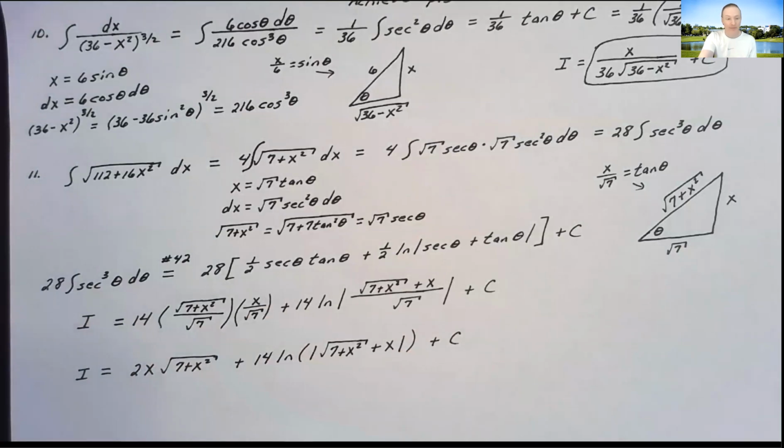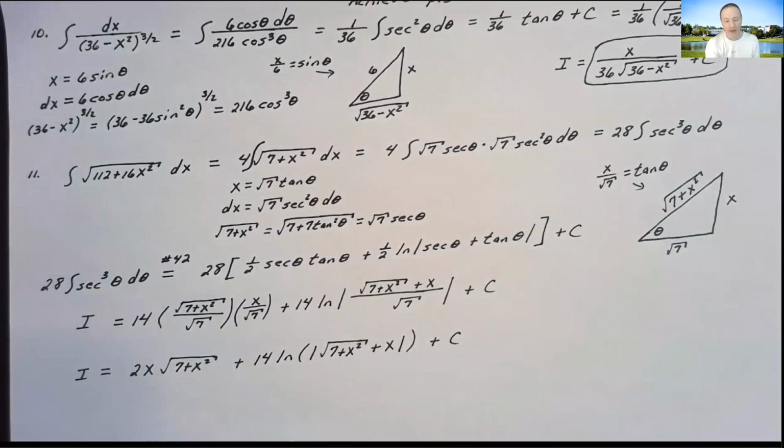That's a pretty problem. The only problem with these last several ones is that, although there were some fun aspects, you do have to use your table of integrals on quite a few of them because there's just not a nice way to integrate an odd power of a secant function.